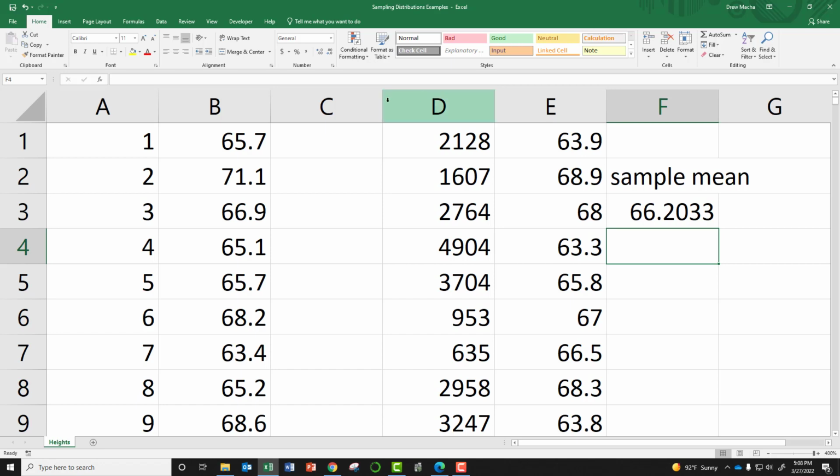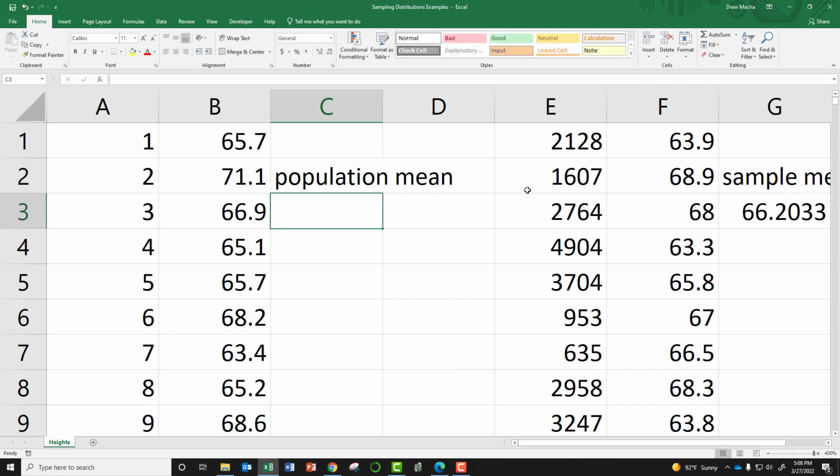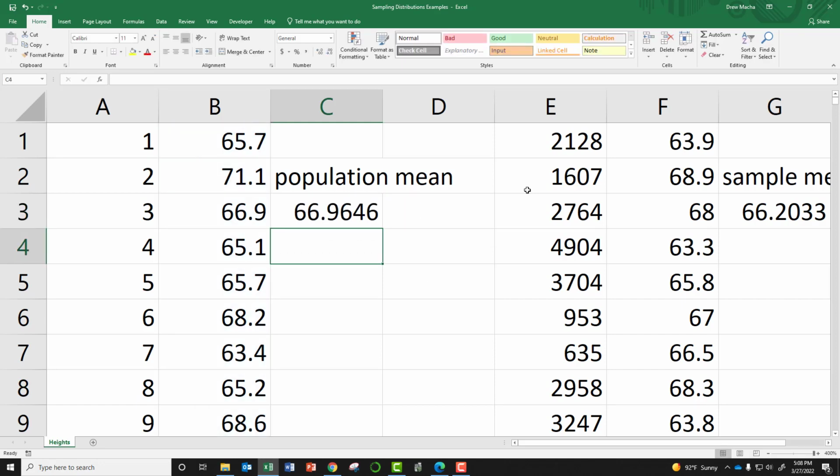And this is the idea of what we're doing here. By the way, just out of curiosity, let me find the population mean of Midland College students. This would be taking the average of column B, where I have the height of every single student. So my population mean is 66.96, or 67 inches, whereas my sample mean is 66.2 inches.